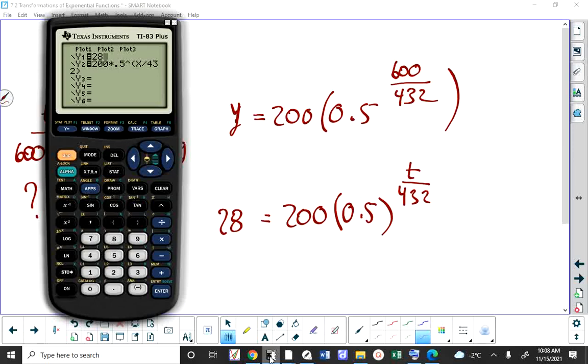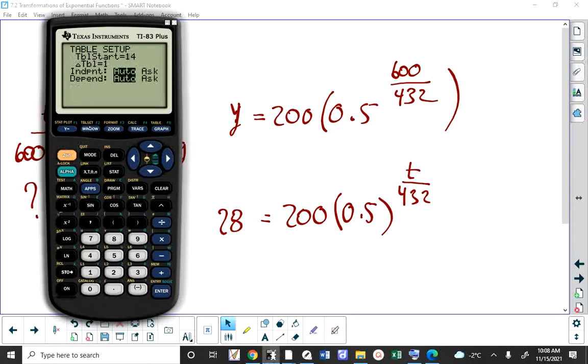So I want to get down to 28 for a mass. So I'm going to go to my table. Table set. Start at 0 and go up by 1. Because I don't know. Well, I kind of have an idea, but I'm thinking physics here. If I go to my table, look at this. Oh, man, I'm going to be scrolling for a long time, aren't I?